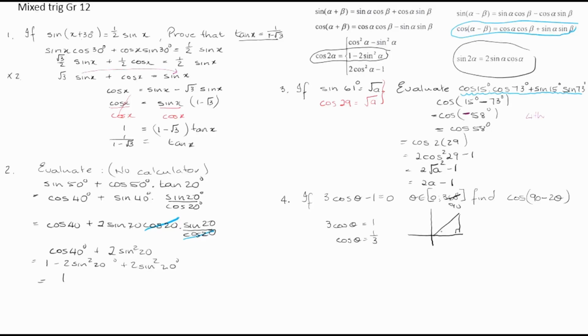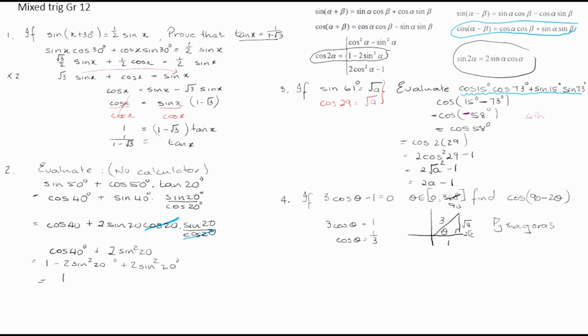Right, so this is theta. Cos is adjacent over hypotenuse, and if you do Pythagoras, you will get root 8, which is 2 root 2. And please write Pythagoras, they will want to see that.